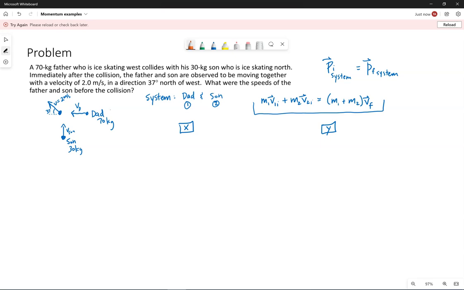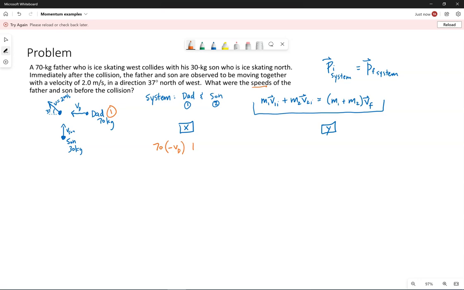If dad is object 1, dad is moving in the x direction. Dad has a mass of 70 kilograms, and he's moving to the left with some unknown velocity. This is one of the values we're trying to find, the speed. We already know the direction he's traveling in.